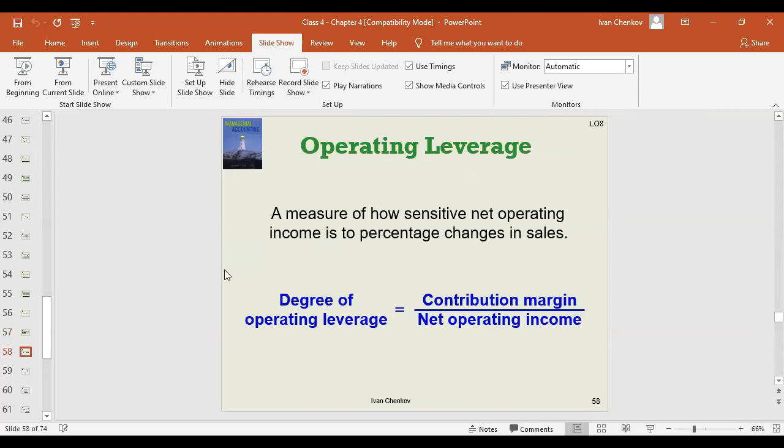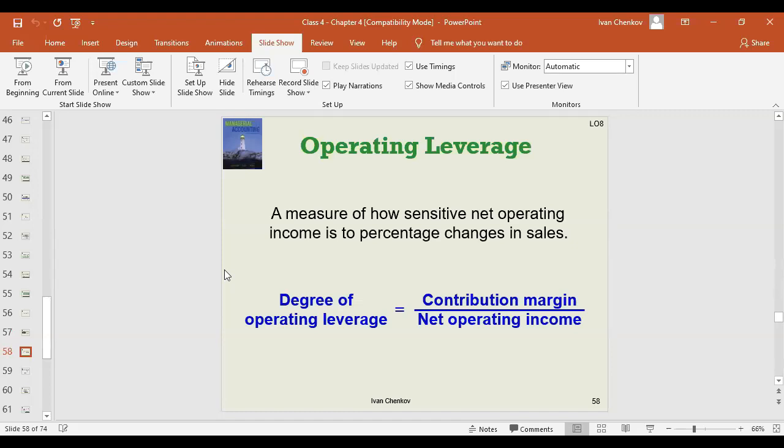So operating leverage. Operating leverage is the measure of how sensitive net operating income is to the percentage increase in sales. If I increase my sales by 5%, what's going to happen with the operating income? Obviously, if I increase the sales, I'm going to increase the contribution margin, correct? That's why we use contribution margin in the formula.